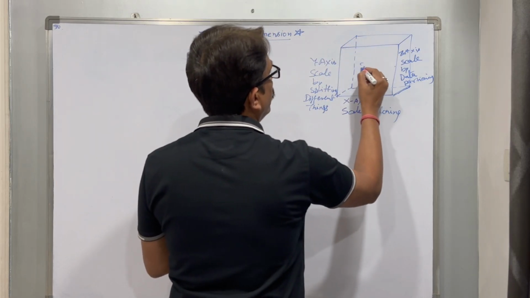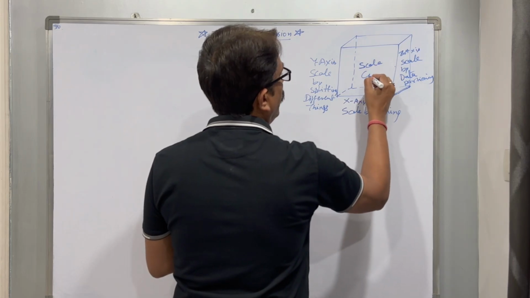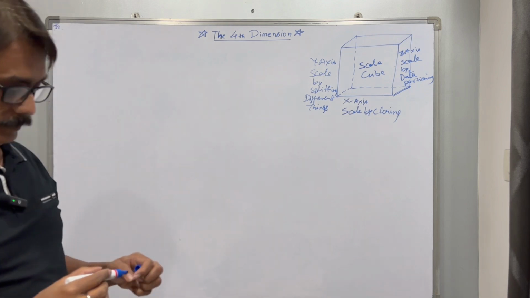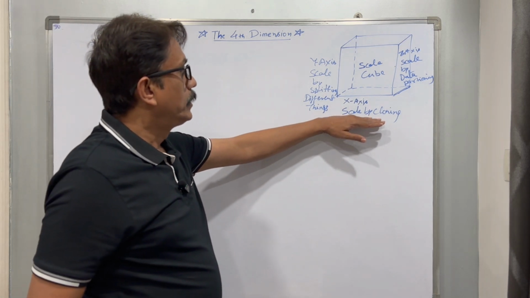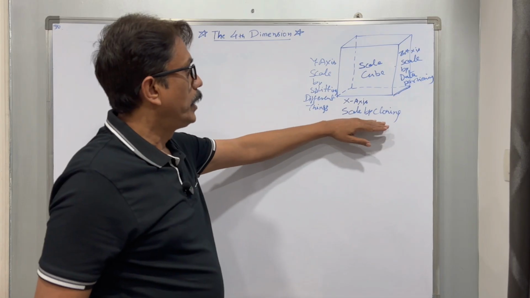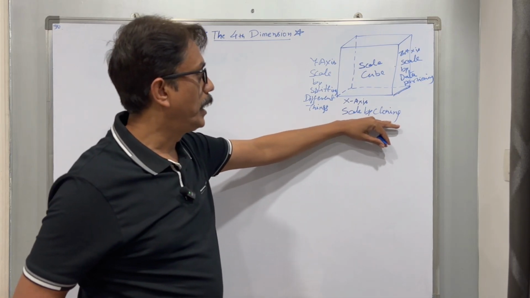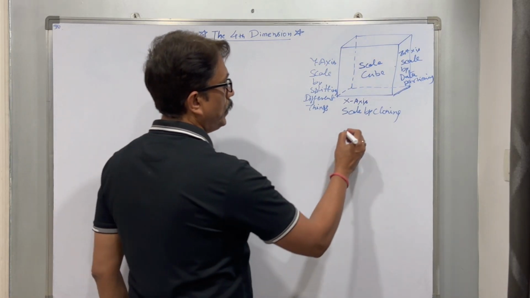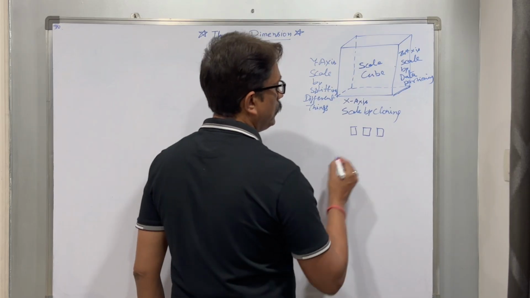Okay, this is the scale cube, right? So x-axis scalability, scale by cloning, means we split by similar things, for example horizontal scaling.